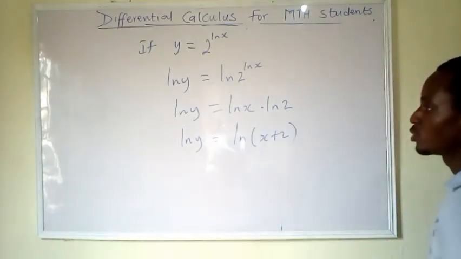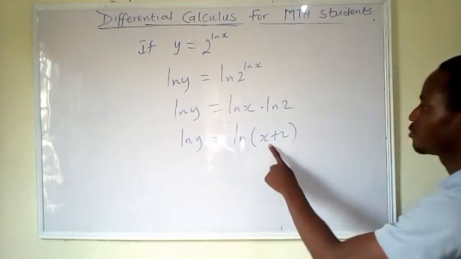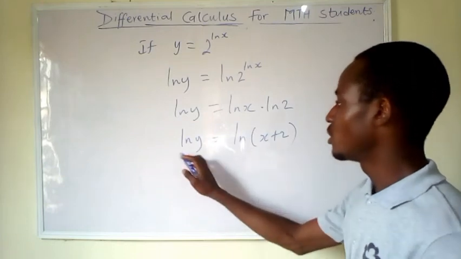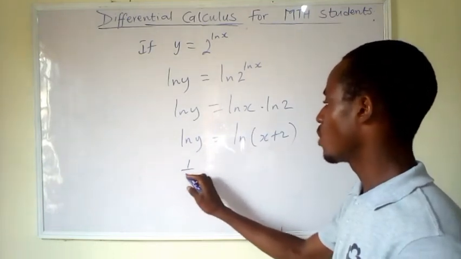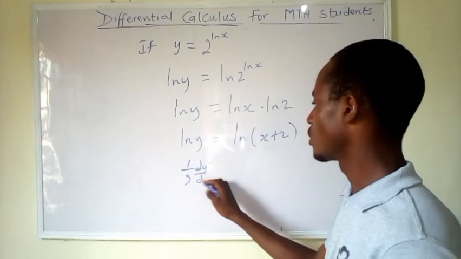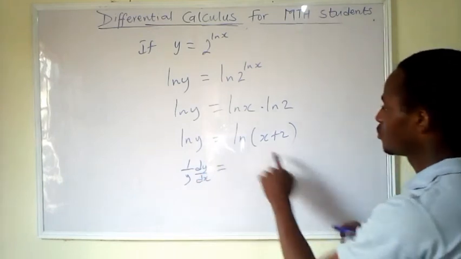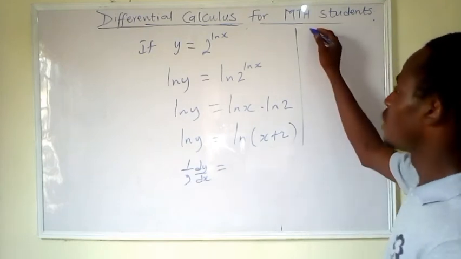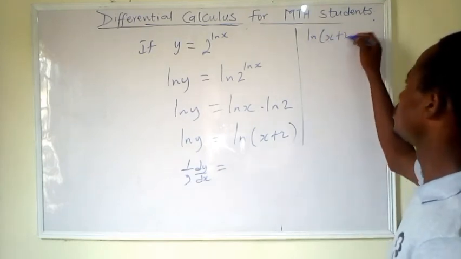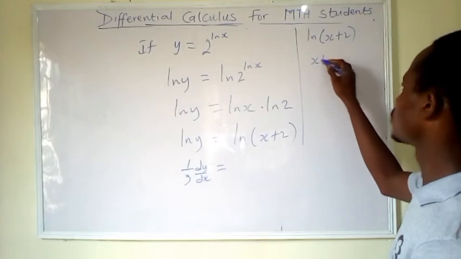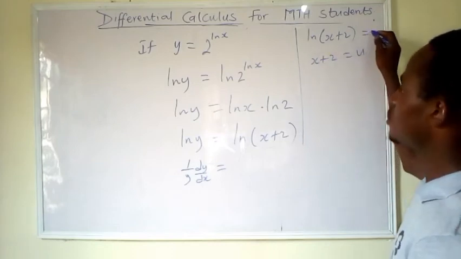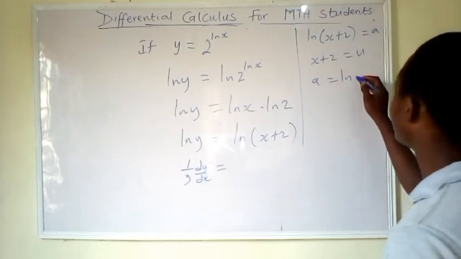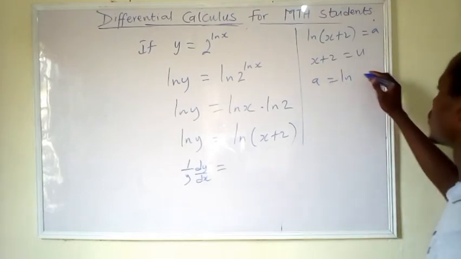So here I'm differentiating here, and I'm also differentiating here using the chain rule. So the derivative of this is 1 over y dy/dx, and to find the derivative, let's do that in one corner. So we have ln(x plus 2), so x plus 2 will be u. So if this equals a, that means a equals what? ln of u.